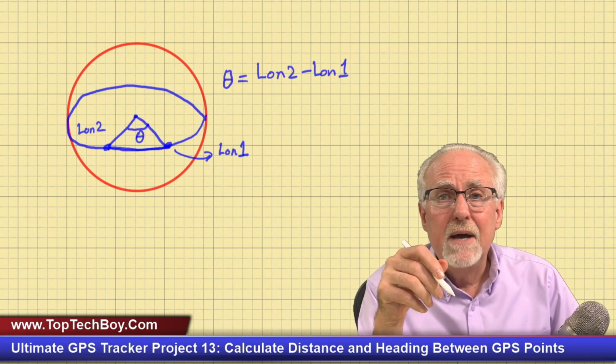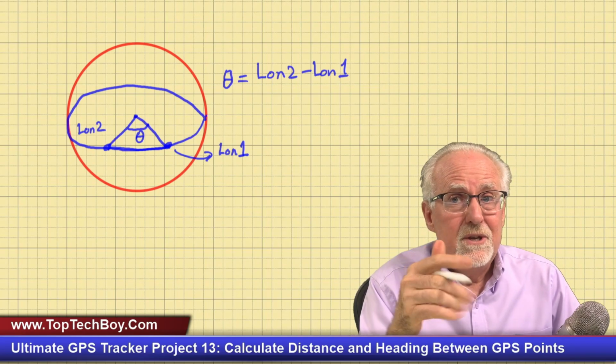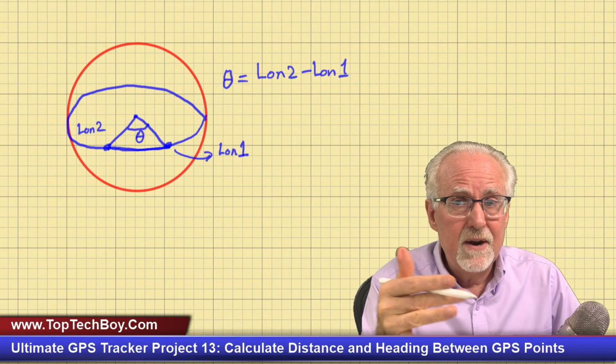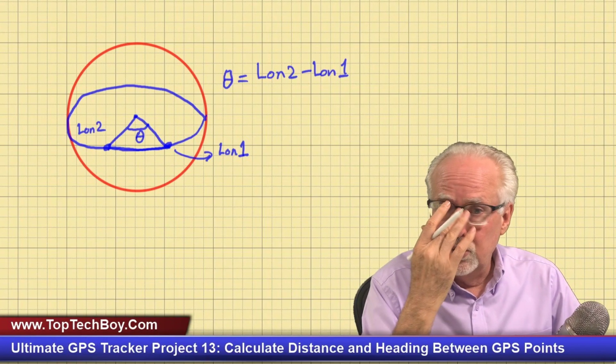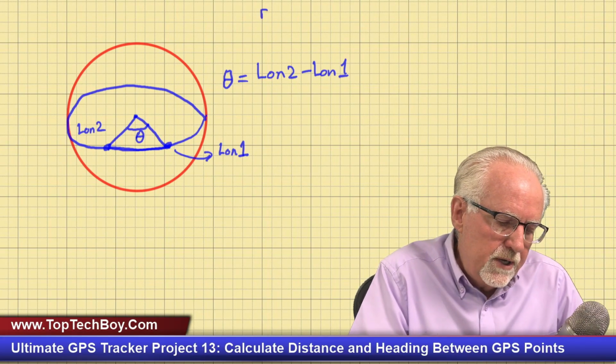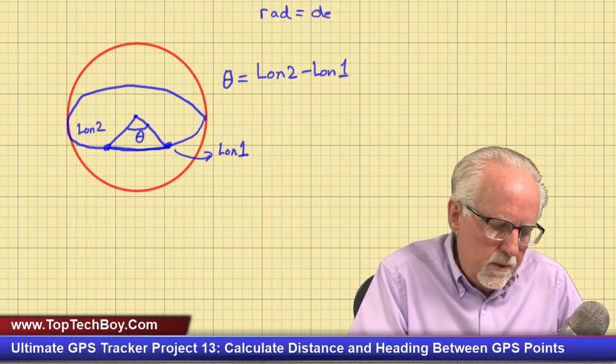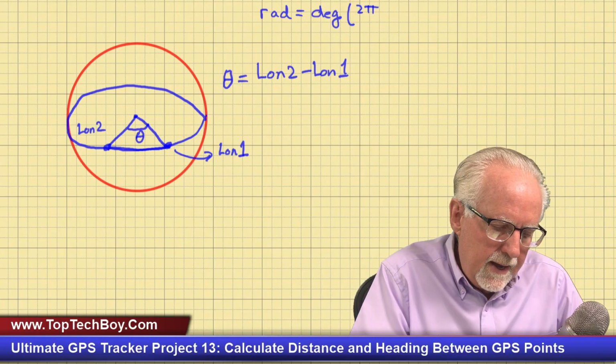Now, I've got to remind you, normally we report in degrees, but when we do these calculations, we've got to convert degrees to radians. And so what you can do is radians is equal to degrees times 2 pi divided by 360.